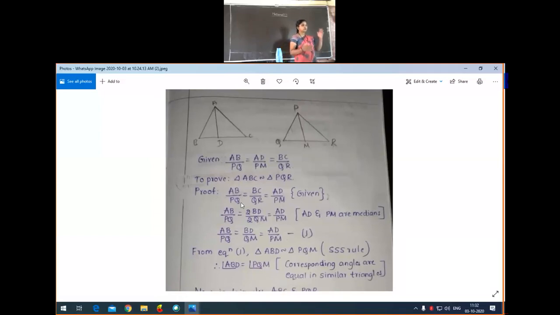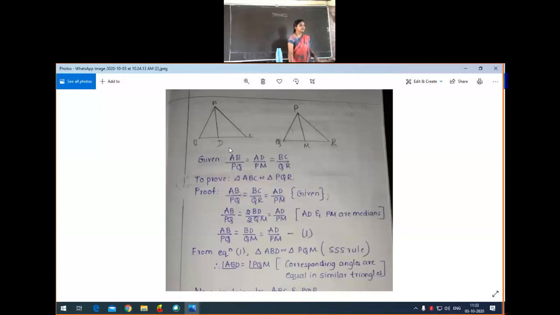In that ratio, AB divided by PQ is equal to BC divided by QR, that is equal to median AD divided by PM. This one is given. Using this data, we have to show that triangle ABC is similar to triangle PQR.